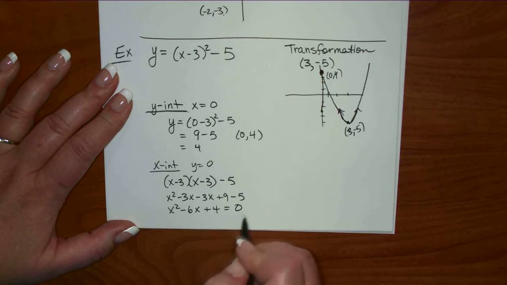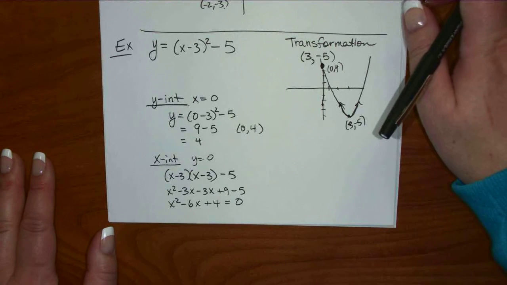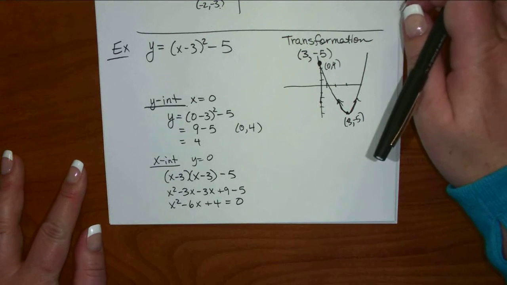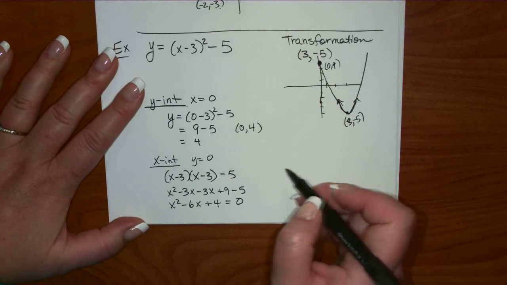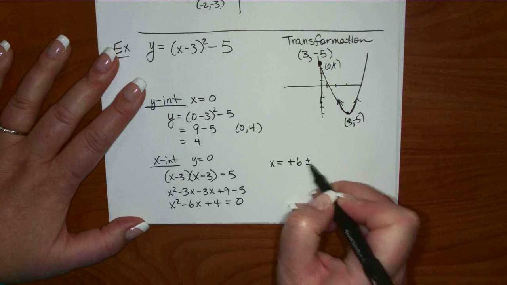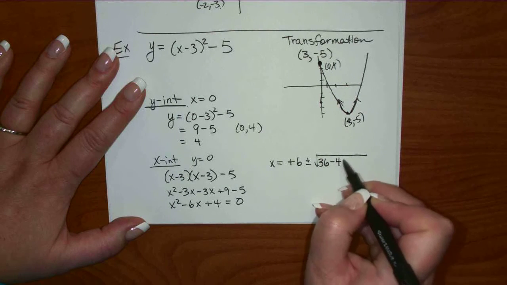Set that equal to 0, and use the quadratic equation. Minus b plus or minus the square root of b squared minus 4 times a times c.